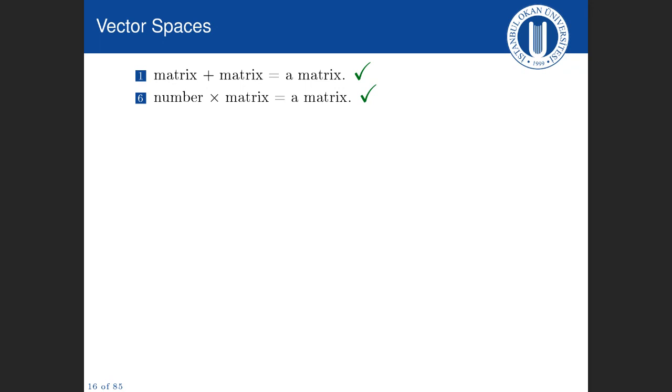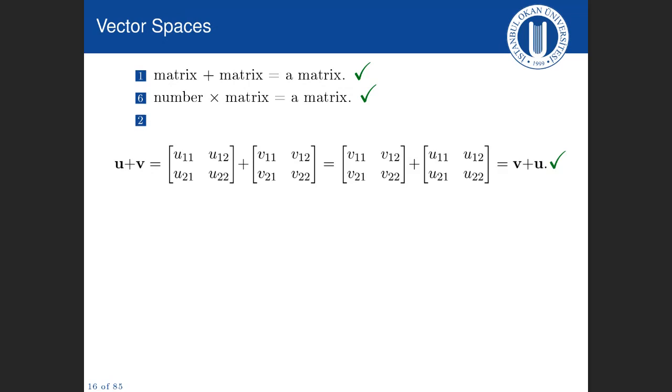So they're satisfied. We have closure under addition and we have closure under scalar multiplication. Axiom number 2, u plus v. If we're adding matrices together, it doesn't matter which order we add them in. So axiom number 2 is satisfied.